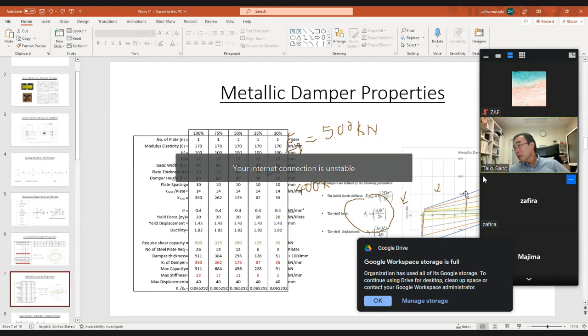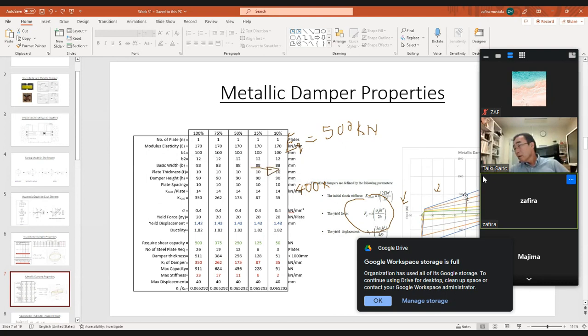So the metallic damper will activate when a larger earthquake comes. So you design combining viscoelastic and metallic. We can get the stiffness and energy input in there.